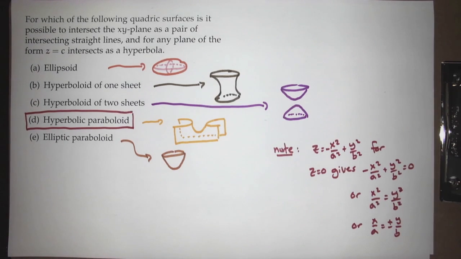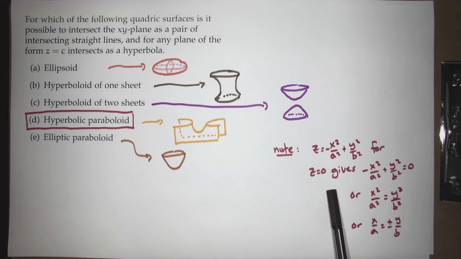The hyperbolic paraboloid. Now, it's not so clear when you think about the hyperbolic paraboloid why you would get a pair of intersecting straight lines if you hit z equals 0. Well, suppose we write our hyperbolic paraboloid in one way, as z equals negative x squared over a squared plus y squared over b squared.